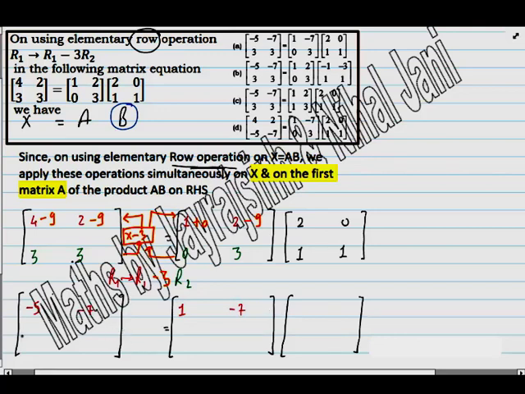And the second row will be as it is, 3, 3, 0, 3. And in this process, our whole matrix B will be as it is. So this will be our new matrix equation, which is exactly equal to option A. So your answer is option A. Ta-da!